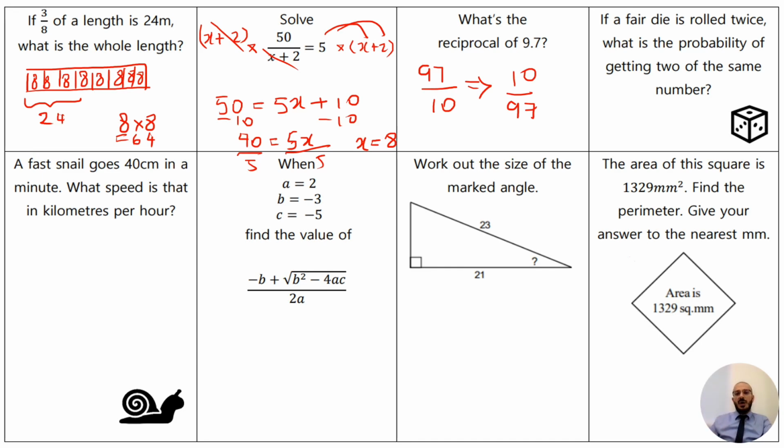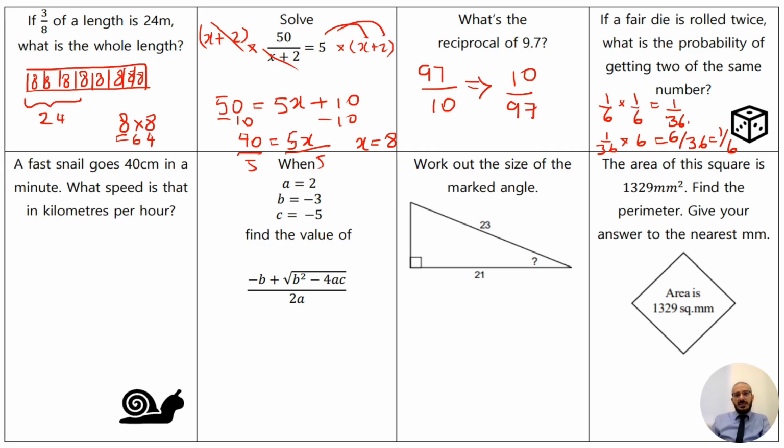If I get 1 and 1, or 2 and 2, or whatever, it's going to be 1 out of 6 and 1 out of 6, which will give us 1 out of 36. And we have 6 of these combinations, because we can have 1 and 1, 2 and 2, 3 and 3, 4 and 4, 5 and 5, 6 and 6. So if I have 6 lots of 1 out of 36, 1 out of 36 times 6 will give me 6 out of 36, which will simplify down to 1 out of 6.